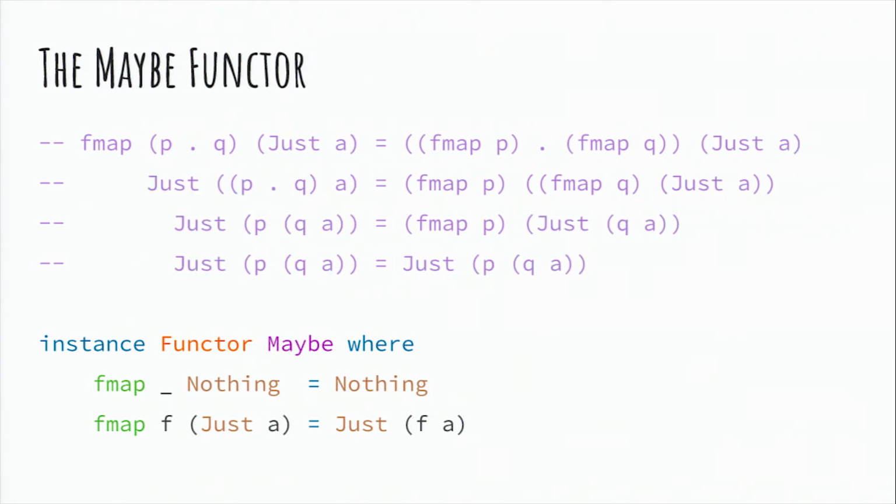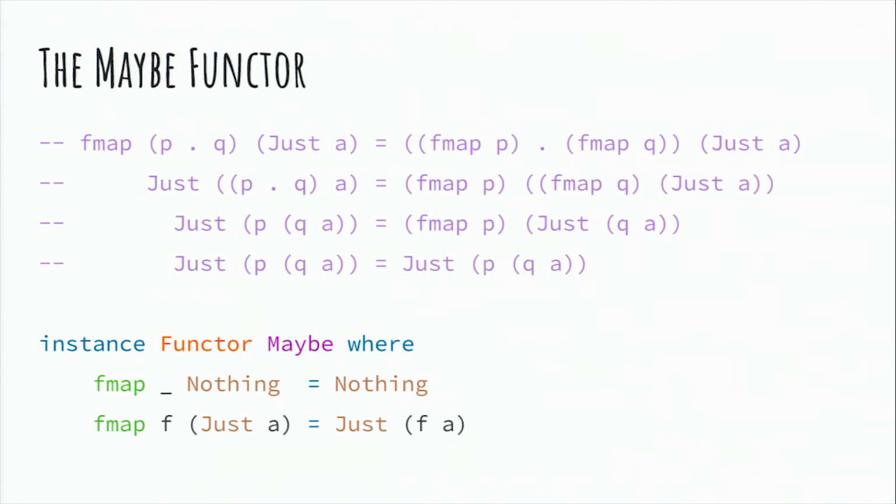And if we do it for Just A, then we have to do a lot of work, especially on the right side, where we use the composition. So (fmap P composed with fmap Q) of Just A means that first you apply fmap Q. So that's in the inner brackets.